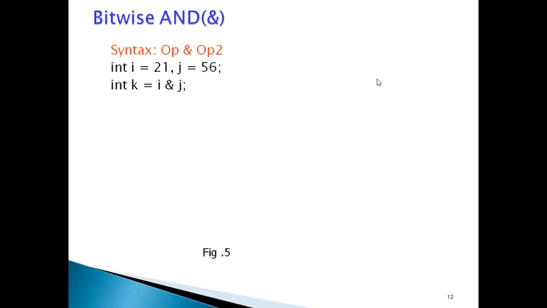In the second line, we declared one more variable, int k = i & j. Now we will see how this bitwise AND operation works on i and j.